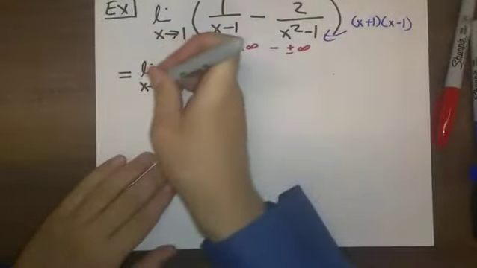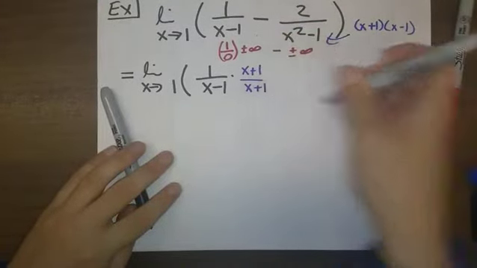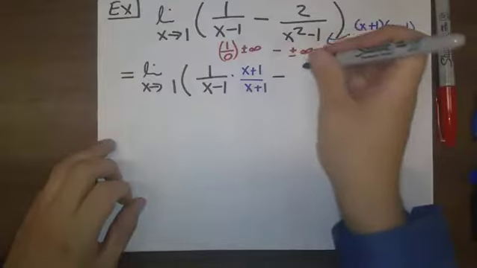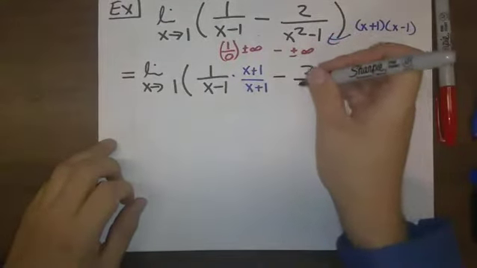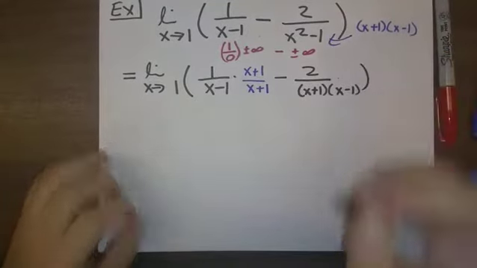So let's go ahead and do that. So 1 over x minus 1 times x plus 1 over x plus 1 minus 2 over, I'll go ahead and write this out as x plus 1 times x minus 1.